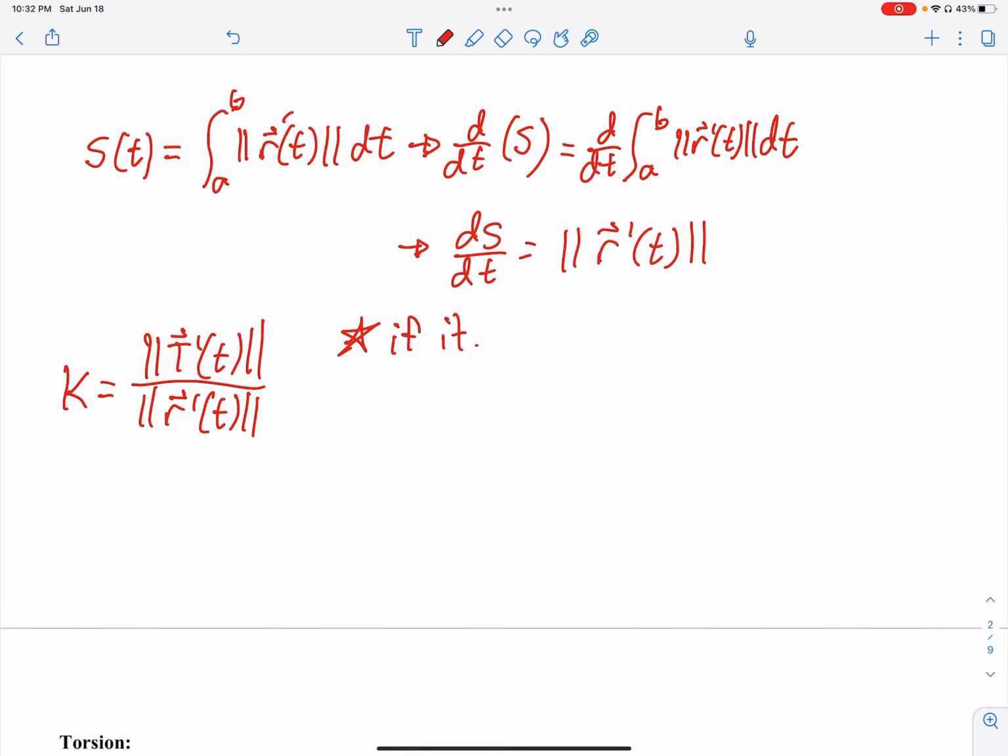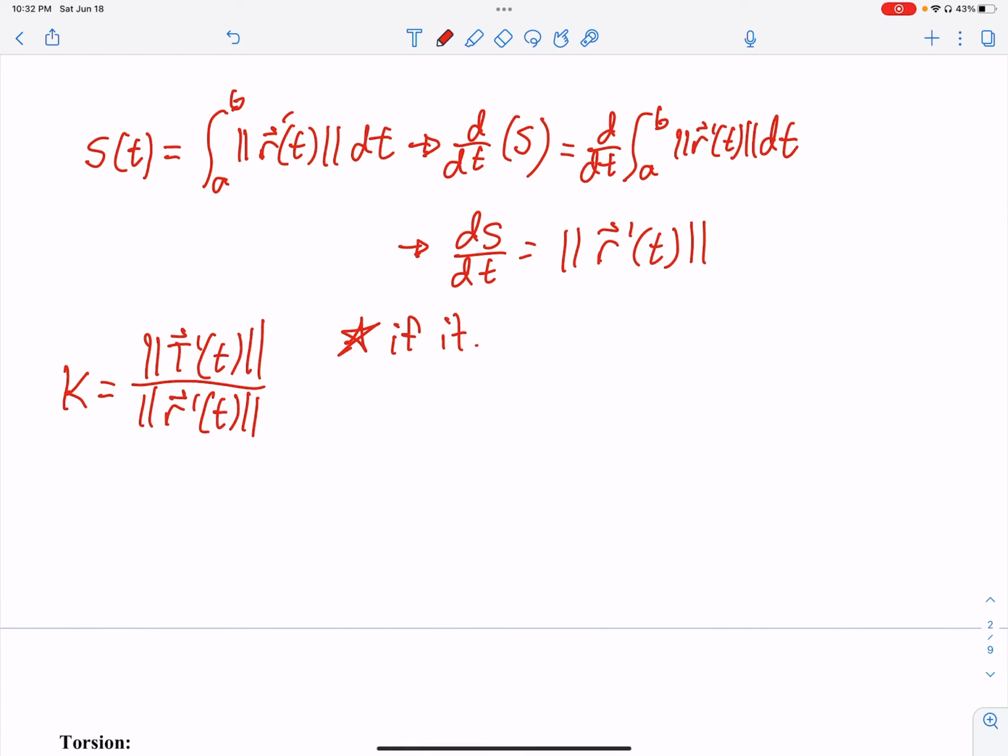Once we have kappa, the curvature, 1 divided by that gives us rho. Unfortunately, rho is going to play another part; we used it in polar, in Calc 2, and we're going to use it later this semester for something else as well. The plane that contains N and B, the one sticking at us, is called the normal plane and contains all vectors orthogonal to the tangent vector.